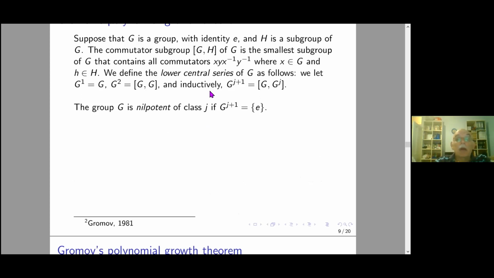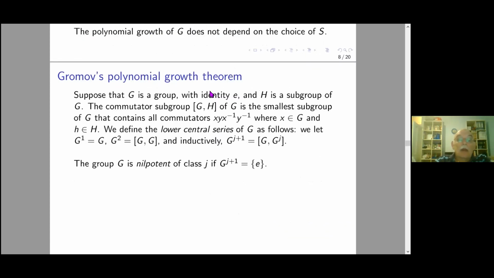So Gromov's polynomial growth theorem is about groups that are of polynomial growth. Just before I say what it is, I need to remind you what a nilpotent group is.